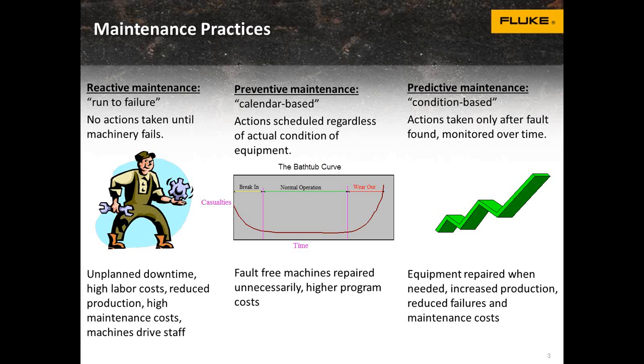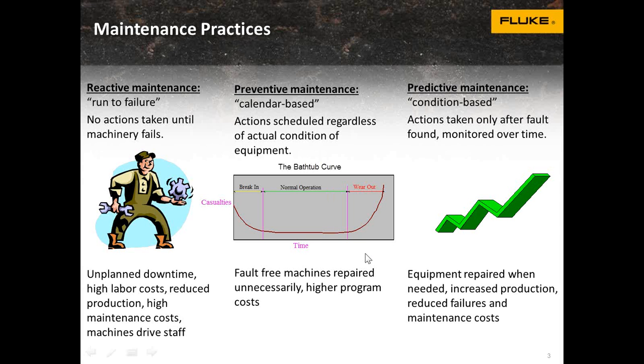To get away from that, a lot of plants have gone to calendar-based maintenance. We did a lot of PMs when I was in the Navy. The problem we found is you spend a lot of time scheduling the maintenance. A lot of times we take a machine that was just overhauled, and because the planned maintenance schedule says to overhaul it, we're fixing machines that don't need to be fixed.